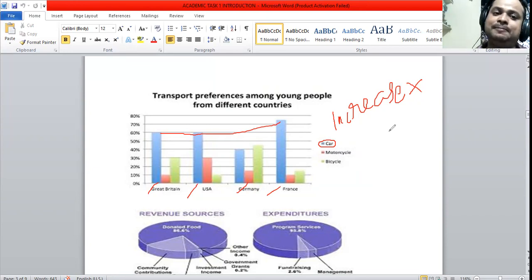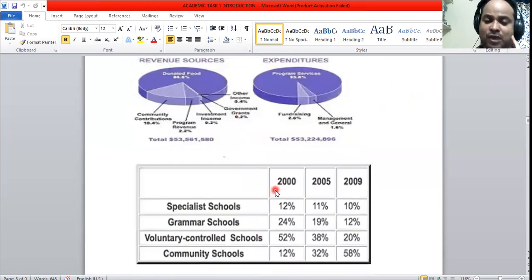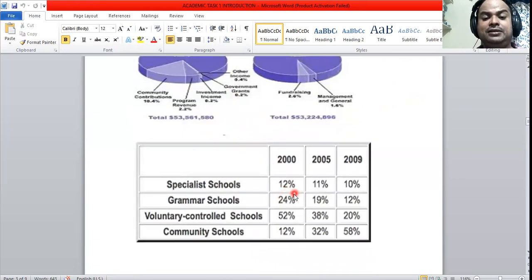Is it clear? Now to confirm, I can give one more example. Here it was increasing, then decreasing. Now we can see the trend is decreasing here, and here, and here. And now the trend is increasing here.